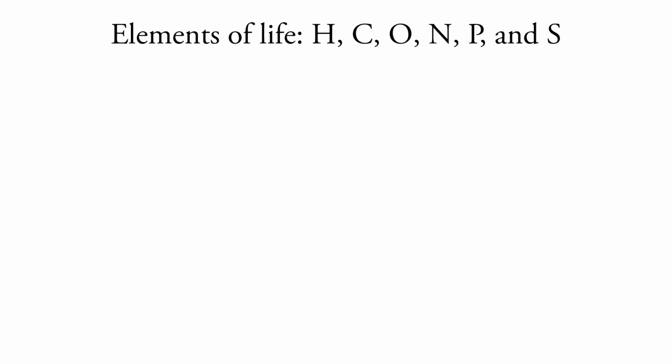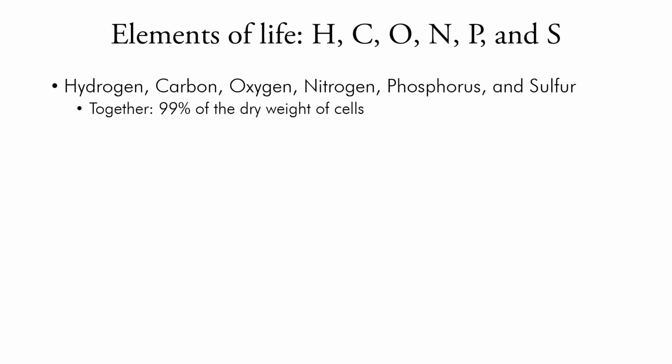These are some of the main elements of life that you will see throughout this course in all of our macromolecules. You've got your hydrogen, carbon, oxygen, nitrogen, phosphorus, sulfur. These are the main components of all of your cells.